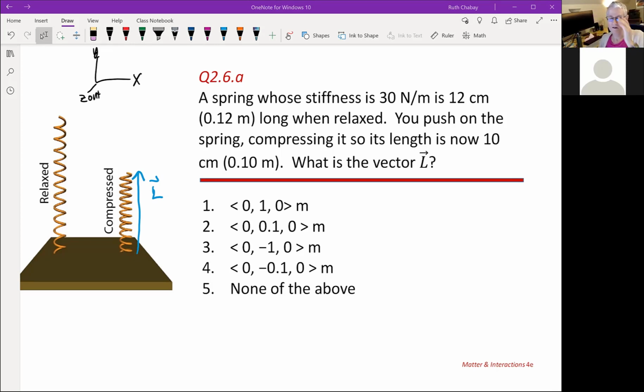You're saying the vector L reflects the current situation, and so as the mass moves up and down, the vector L will change. So we are indeed asking about the current instant here. Okay, so that looks better.